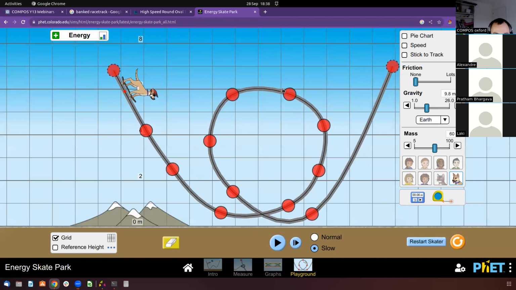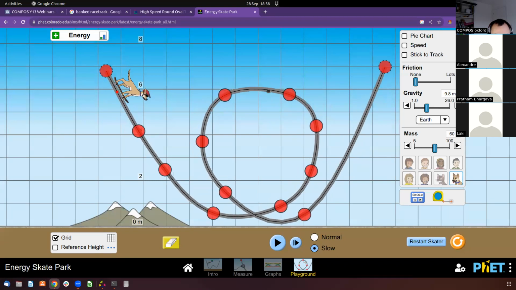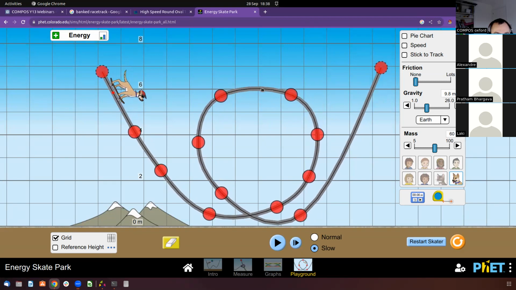Let's make the top of the loop 6 meters, and the dog we release from exactly 6 meters. Okay, let go.